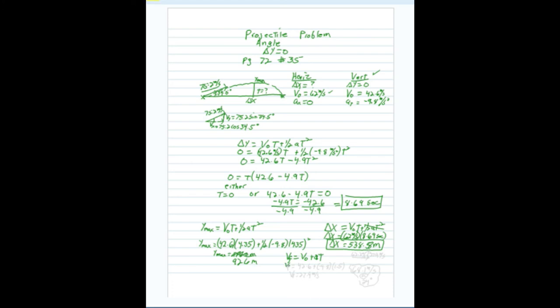Vf equals 42.6 plus negative 9.8 times 1.5 seconds, because that's the time they gave us. So 42.6 minus 9.8 times 1.5 gives me 27.9 meters per second in the y direction. So I have 62.2 in the x direction and 27.9 in the y direction.